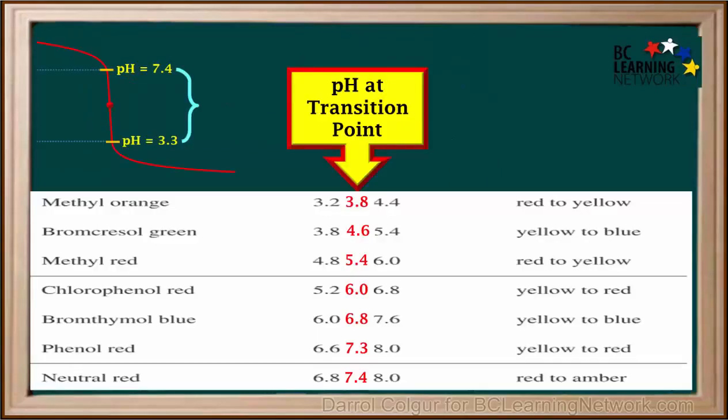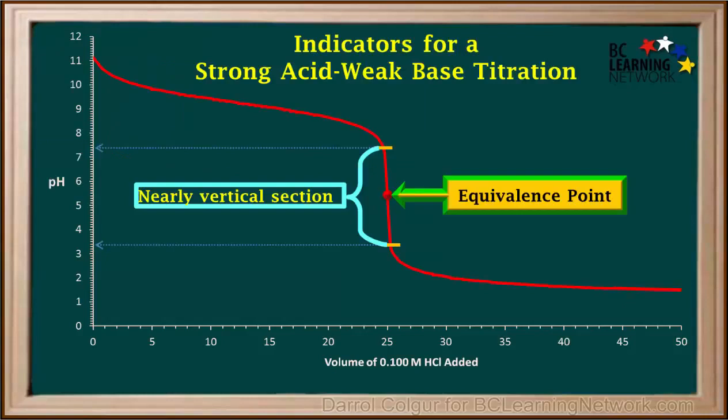The indicators on the table from methyl orange all the way down to neutral red have a pH at the transition point between 3.3 and 7.4, so any of these would be suitable for this titration. Be aware that both the pH at the equivalence point and the location and length of the nearly vertical section of the graph depends on the particular weak base and strong acid pair we're using in this type of titration. The graph for each pair of reactants is unique.